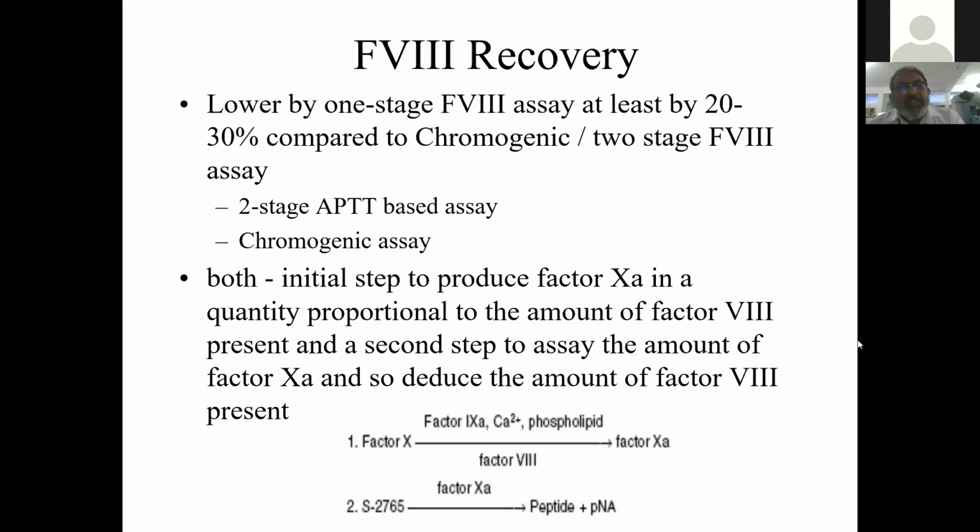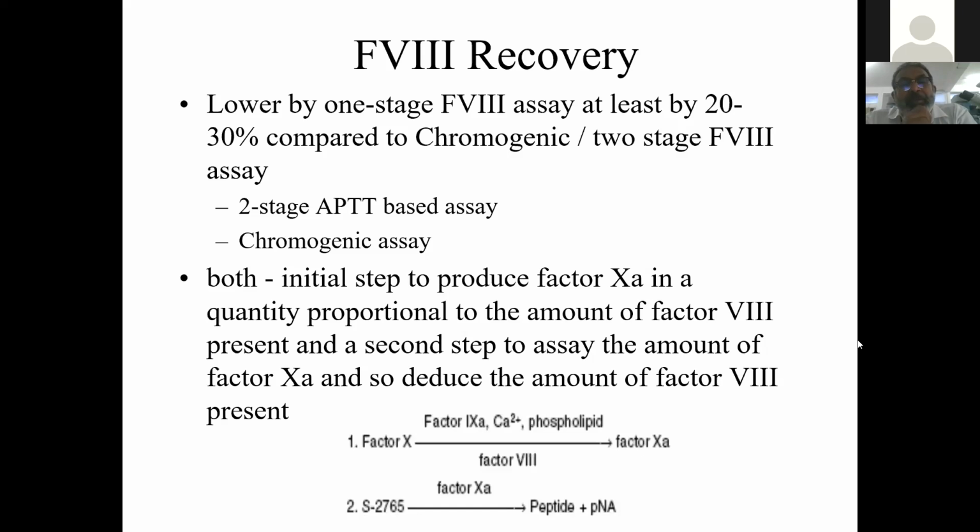Two-stage factor assay is not frequently done because it's manufactured only by one manufacturer, and it's not as easy to automate. But we realize that chromogenic assay is basically replicating the two-stage assay, but the endpoint is not a clot but a chromogenic substrate.